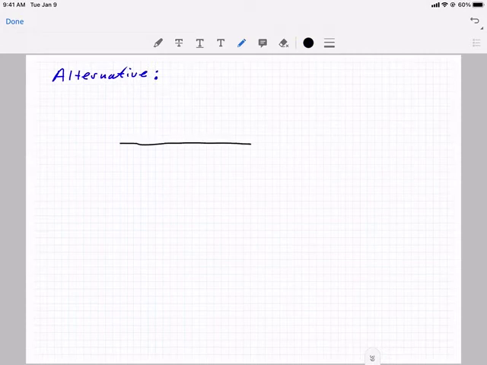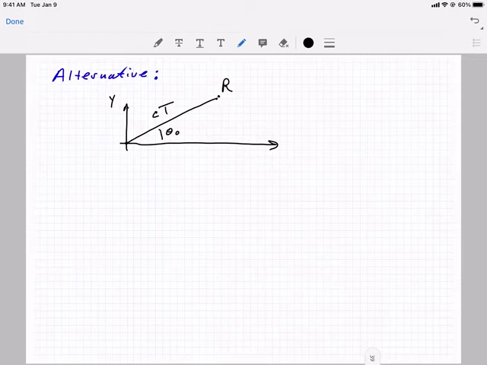All right, so first I have to set up the geometry for this. We're going to have the object moving along the x-axis, and then we'll take the y-axis here, and it's going to emit at some angle theta naught to a receiver point. And so this is c times t. Now, at the moment that the receiver detects the photon, it's making an angle of theta 1 to where the object has now moved to.